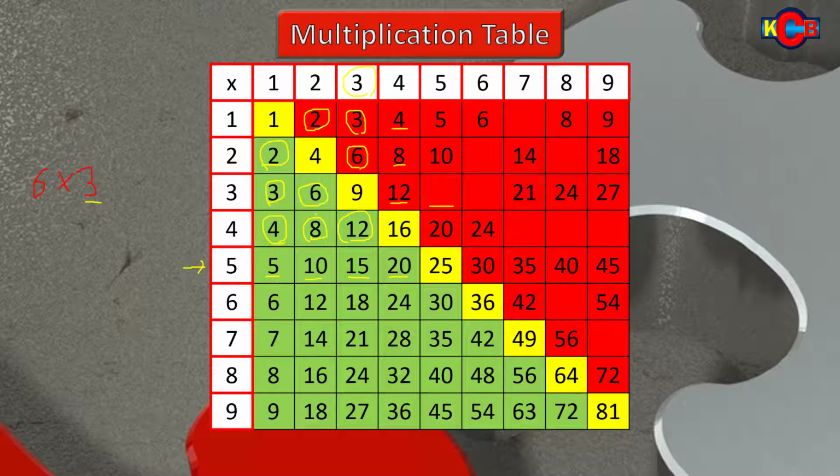Now, go up here and repeat the pattern. 5, 10, 15, then 20. Can you do it? I think of course you can. You just look for the pattern and try to fill in the blanks by referring to the pattern inside the green area.